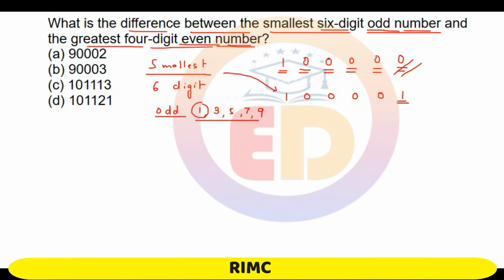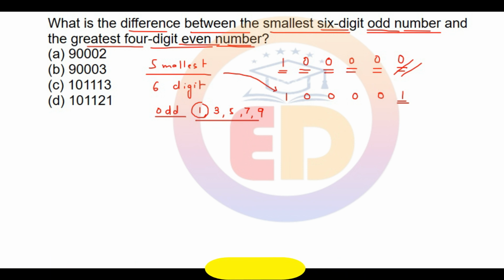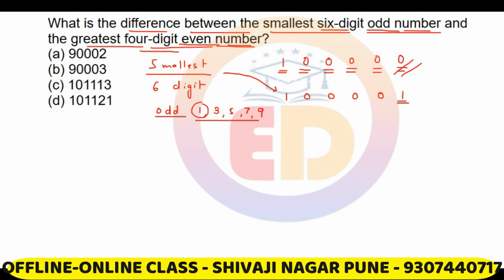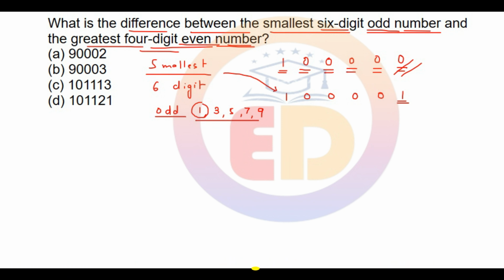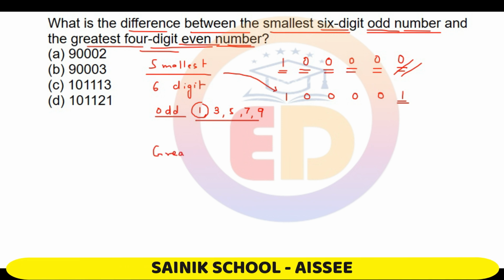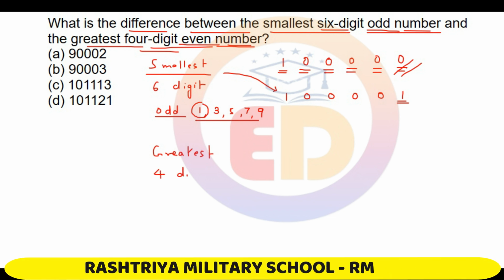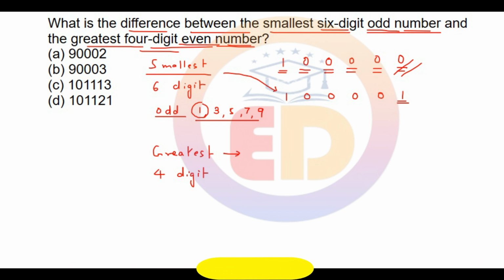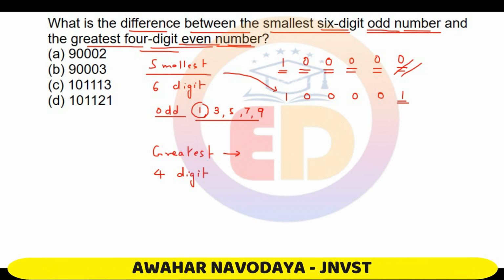Now the question says that the other number should be the greatest 4-digit even number. Let us make the greatest 4-digit number. Now remember, the greatest number of any digit count will always start with 9.